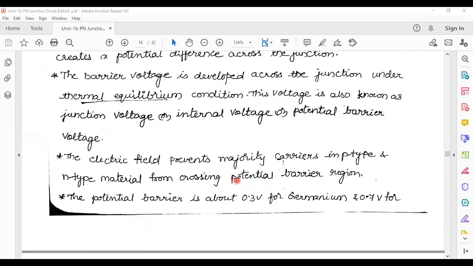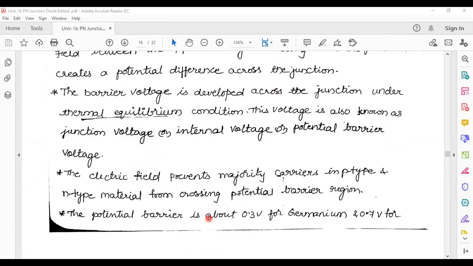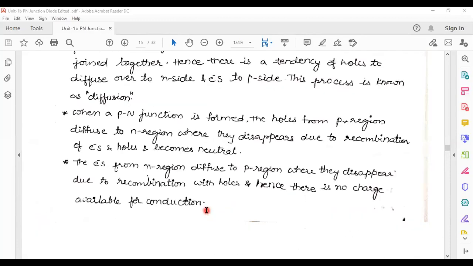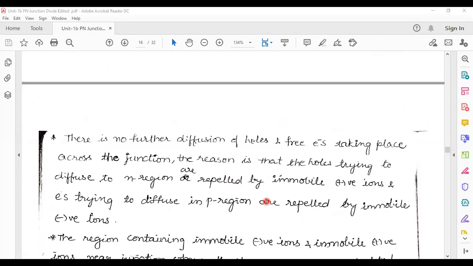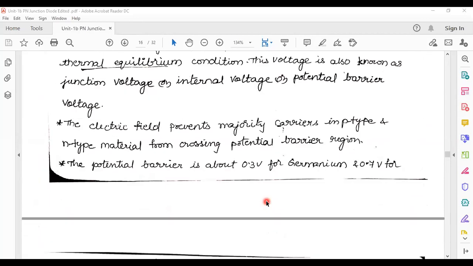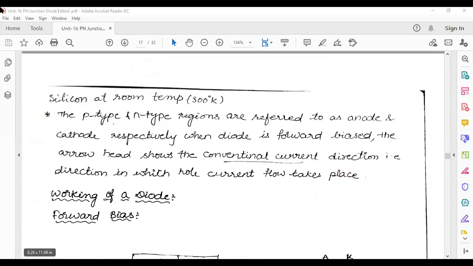The electric field prevents majority carriers in p-type and n-type material from crossing the potential barrier region. This potential barrier region is about 0.3 volt for germanium and 0.7 volt for silicon at room temperature.